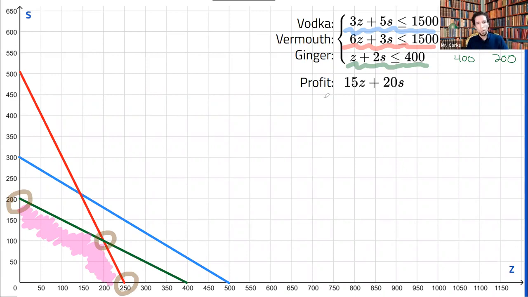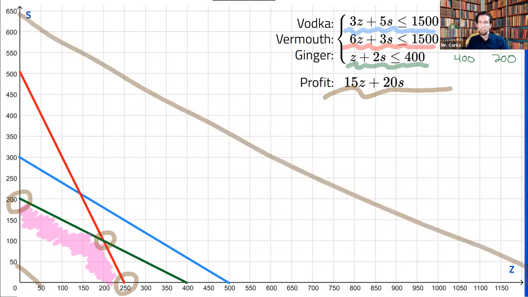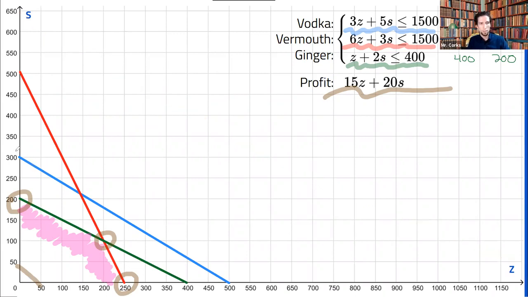So our profit equation here should be reasonably close to at least one of those corners. We don't want a profit equation that's really tiny, like down here in the corner. We also don't want it to be way over here because that's just too far away. So we want it to be something kind of like this that gets close, or maybe it's like this and it's this corner.